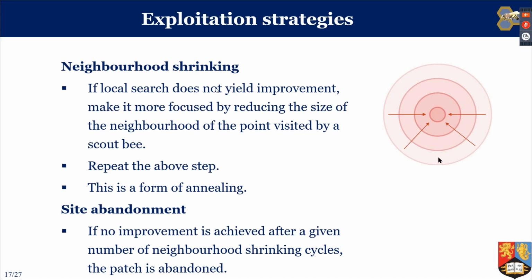And if we don't find that the solution improves, then we shrink the neighborhood. We make it smaller and smaller and smaller. So we focus the search. Now, if that doesn't work, after a while, we abandon the site. So if no improvement is achieved after a number of shrinking cycles, we abandon the site.